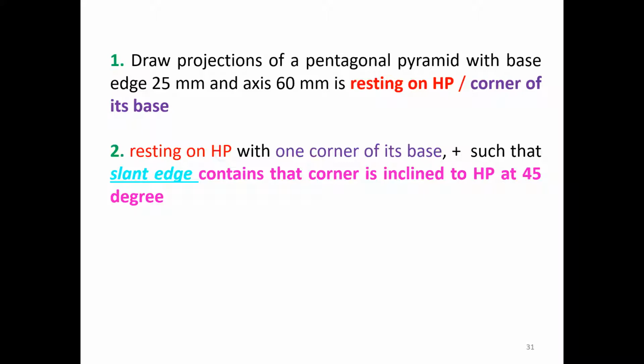The inclination of the slant edge with respect to the horizontal plane is visible in the front view on the vertical plane, which means the slant edge starting from the base corner and connecting the vertex of the pyramid, maintained on the right side in the first simple position, is turned to 45 degree in the front view.